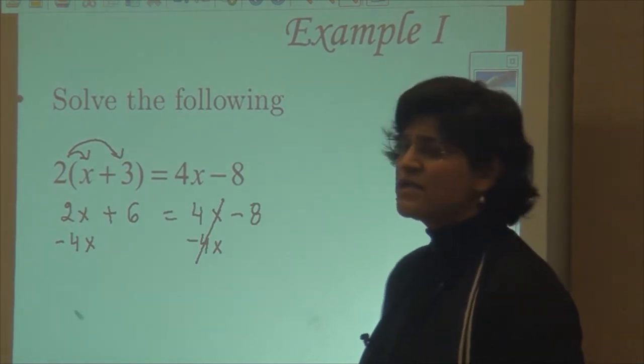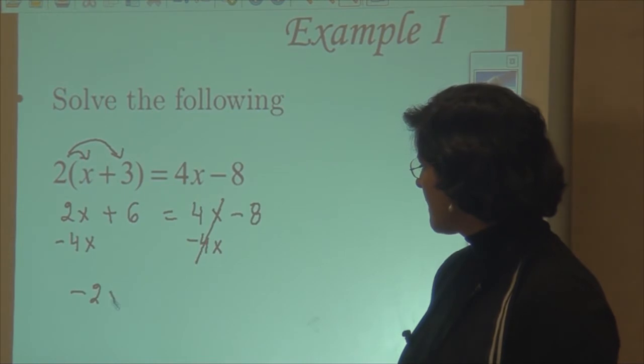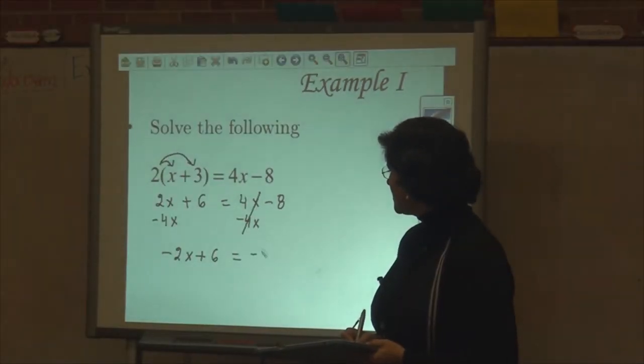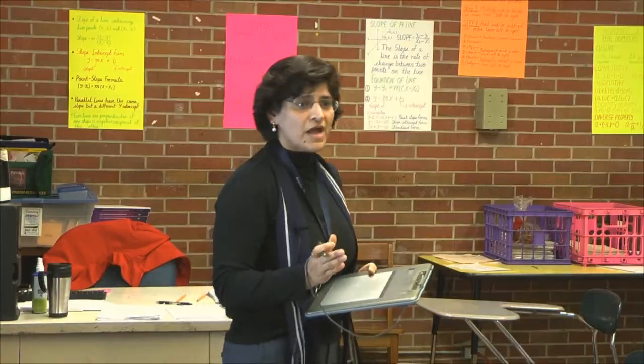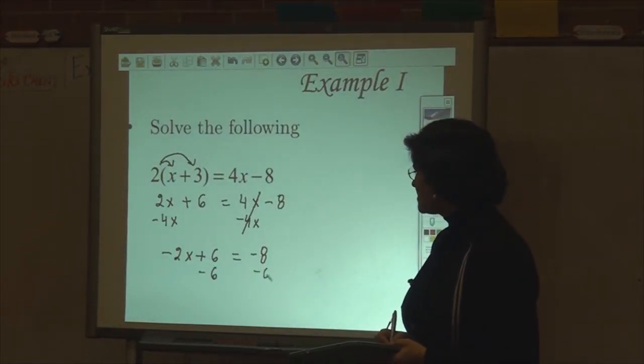What is 2x minus 4x? Negative 2x. Negative 2x plus 6 is equal to negative 8. What do we have to do now? We have to isolate the x from any number. Exactly. Subtract 6 on both sides.